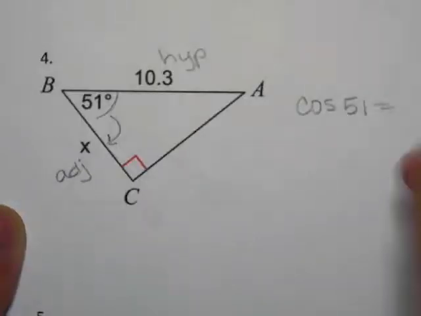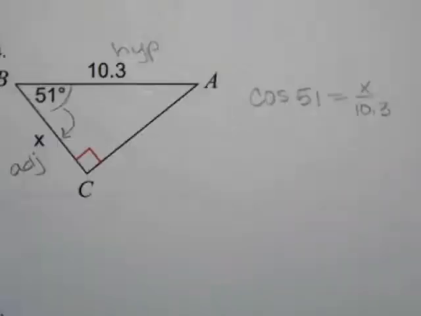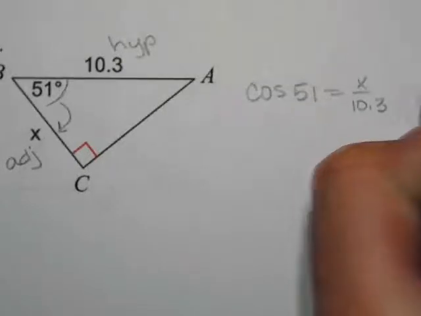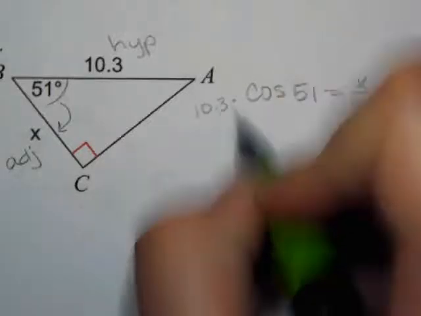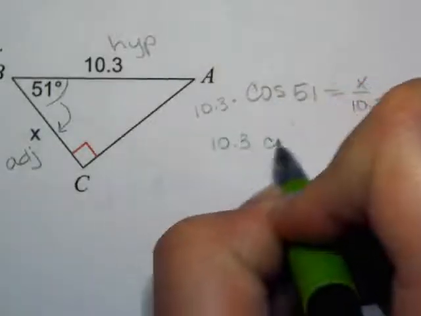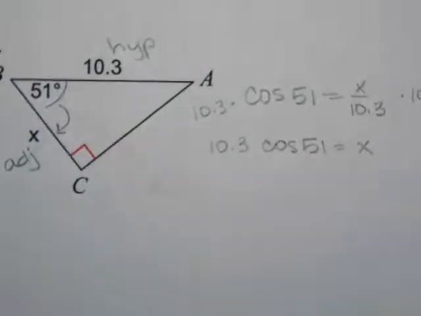Okay. And then if we want to solve for x, what do we do? Okay, so we got 10.3 cos 51. Here's a question, Miss Rice.